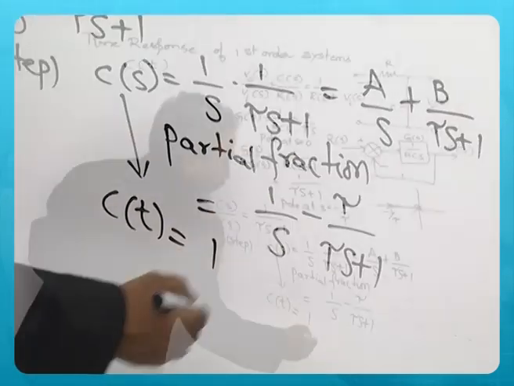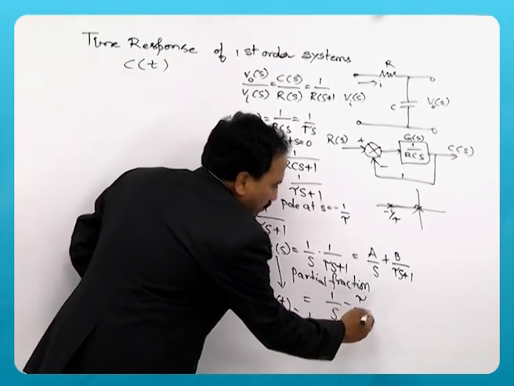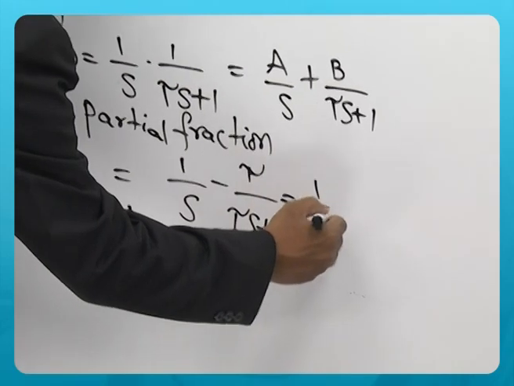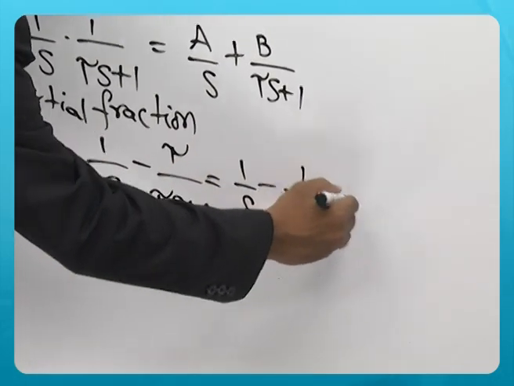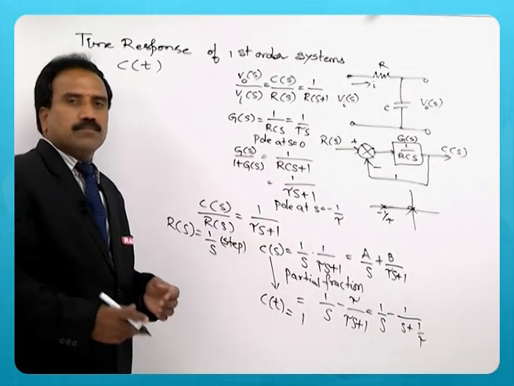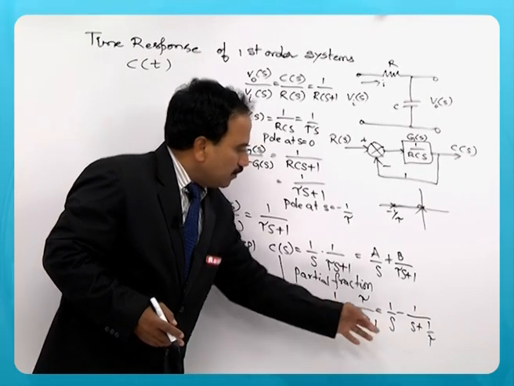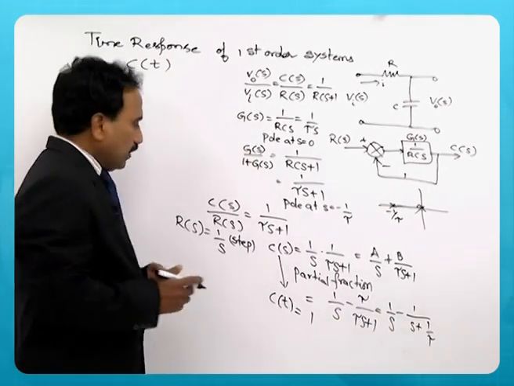The inverse Laplace transform of 1 by s is 1, minus, and the second term can be simplified a little as 1 by s minus 1 by s plus 1 by tau. I am just rearranging the term, tau is taken out, and you have 1 by s plus 1 by tau.